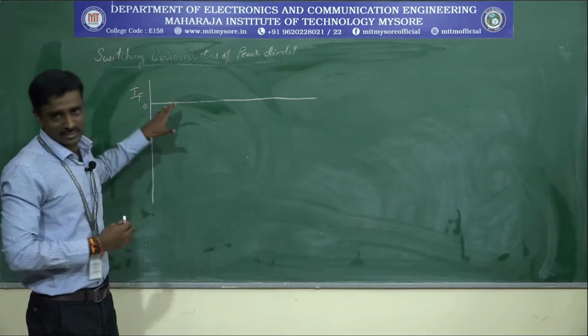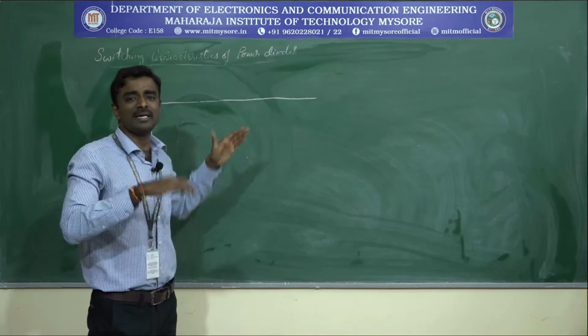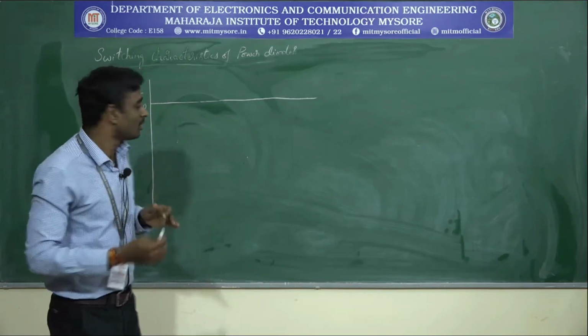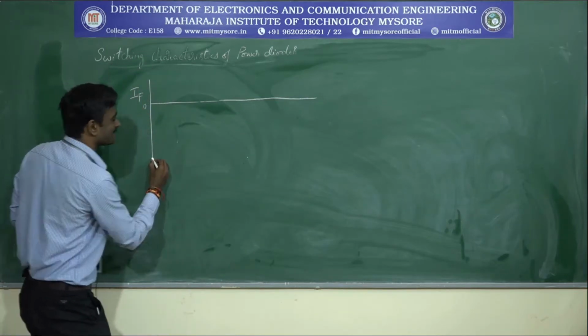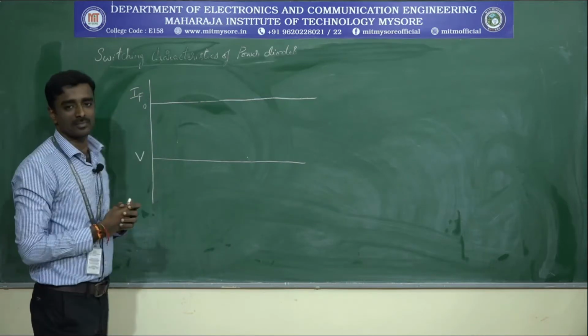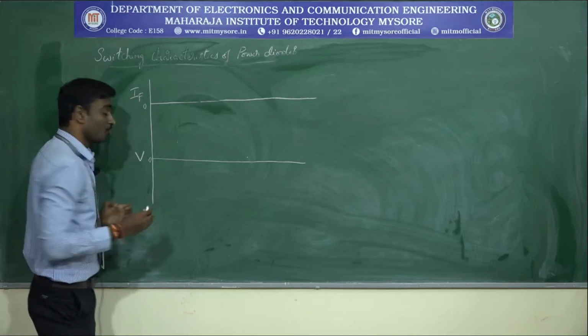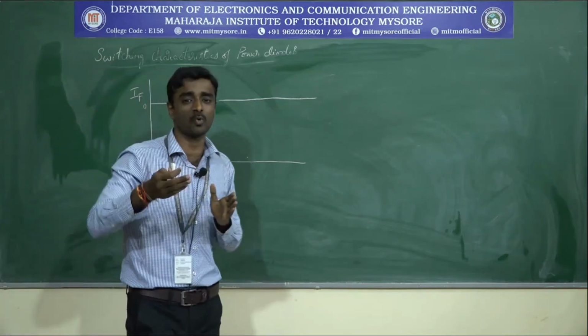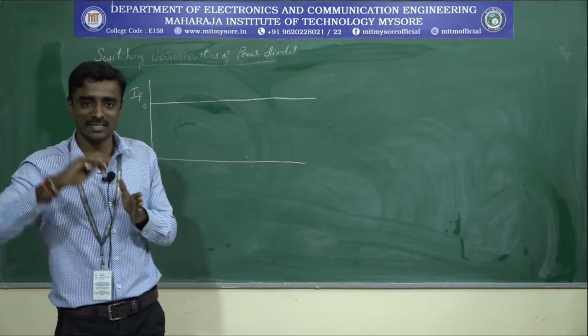Based on the current, the voltage will change. This will be your voltage. It starts from zero, and the voltage can be in both regions, positive as well as negative.